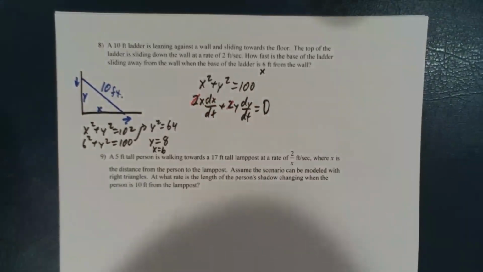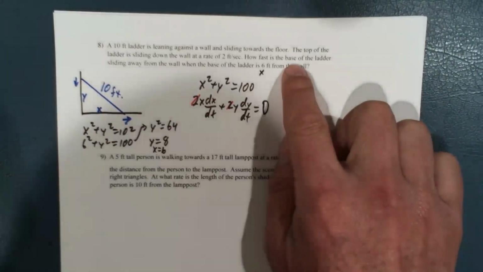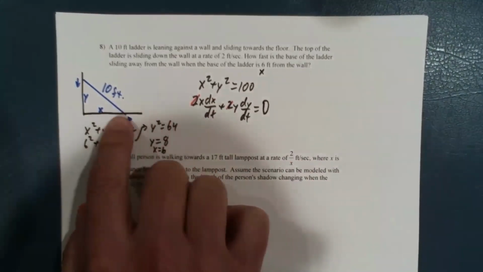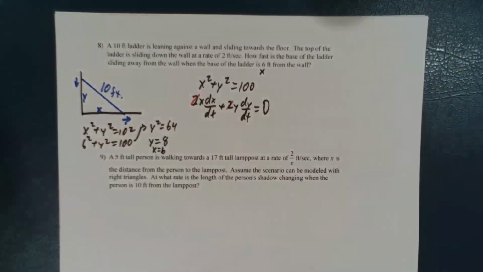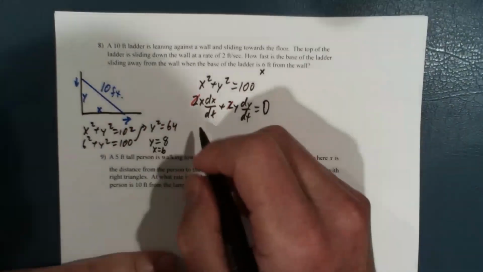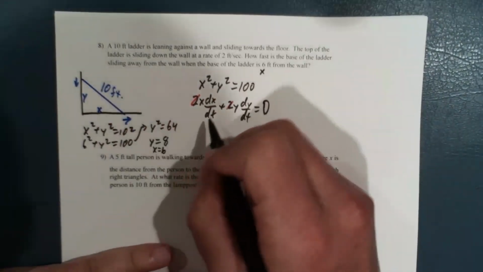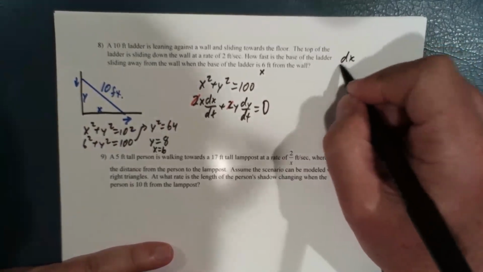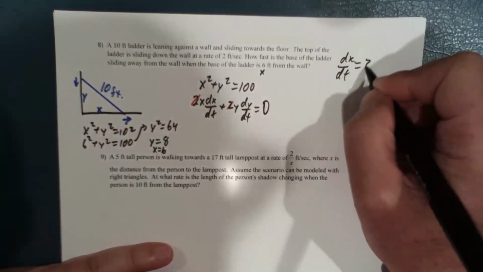And they want to know how fast the base of the ladder, that's down here, is moving away from the wall. All right, so we're looking for dx dt is what we want to know.